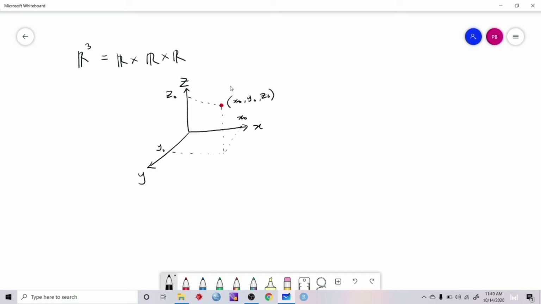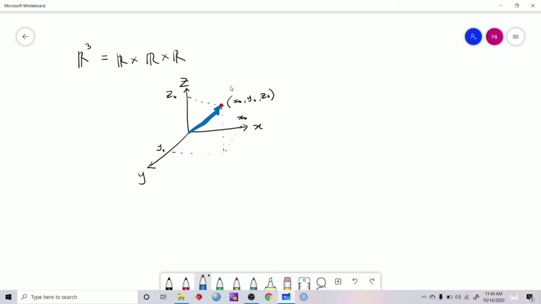Alright, so using our previous knowledge in R2, we can also draw an arrow coming from the origin.